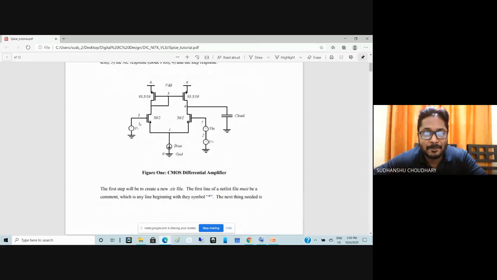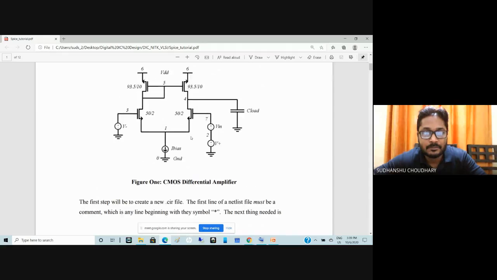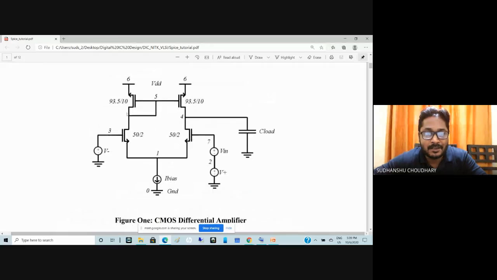For writing a Spice code, let us say we want to write a Spice code for this circuit. First of all, we divide the entire circuit, or we decide the number of nodes here. We mark the nodes here. For example, I mark node number 0 as ground. 0 and ground are both reserved values of the node names. Node names can be either characters or numbers.